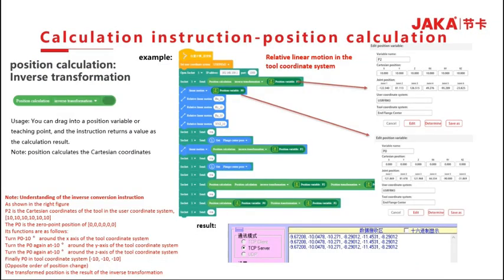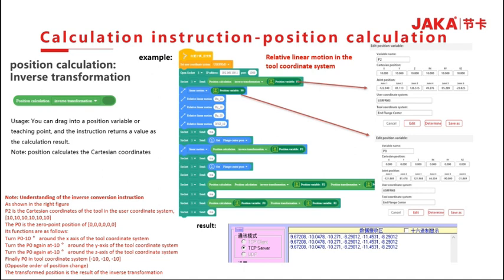Position calculation inverse transformation. The usage is to drag in position variables or teaching points, and the return value of the instruction is the calculation result. See the example on the right. Set the user coordinate system, open the socket communication, and it will send the result of the P2 position inverse transformation. And the robot moves straight to P0.